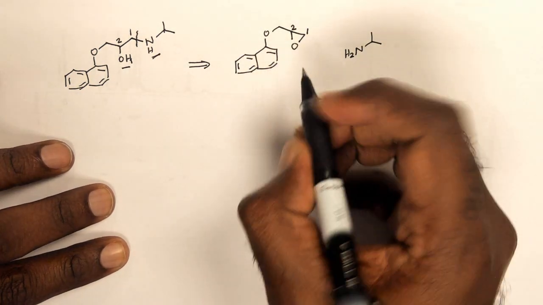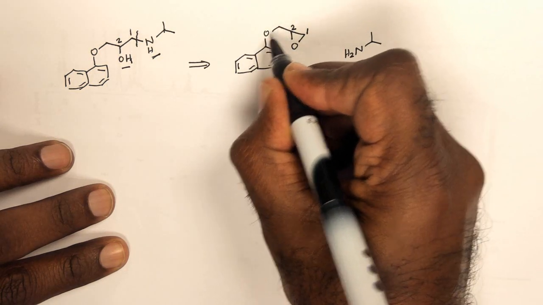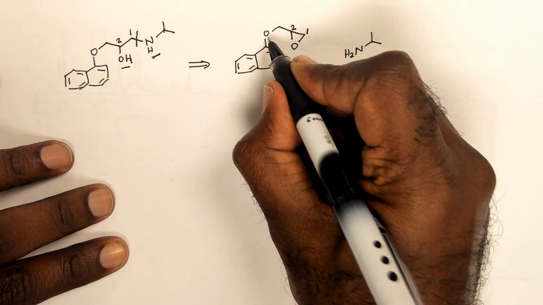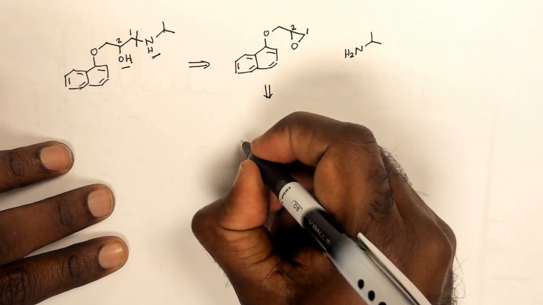But I can break this up further by looking now at the other heteroatom, this oxygen here, and that oxygen carbon bond can be broken very simply.